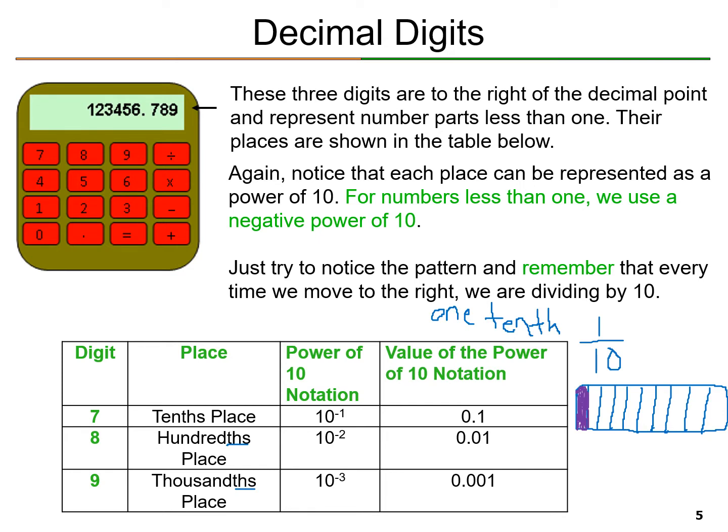So let's go and hopefully we can appreciate the value that the 7 here means 7/10. 7 out of 10. So to represent 7/10, I go and select 7 of the pieces, 1, 2, 3, 4, 5, 6, 7, and color or fill in all 7 pieces.